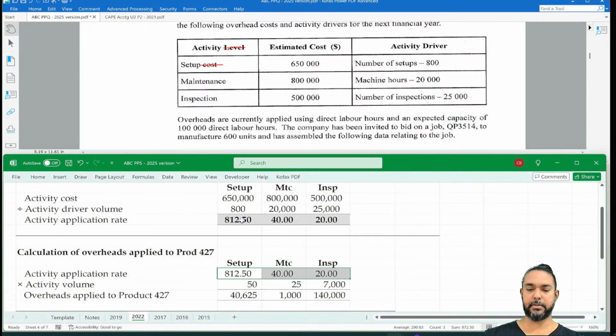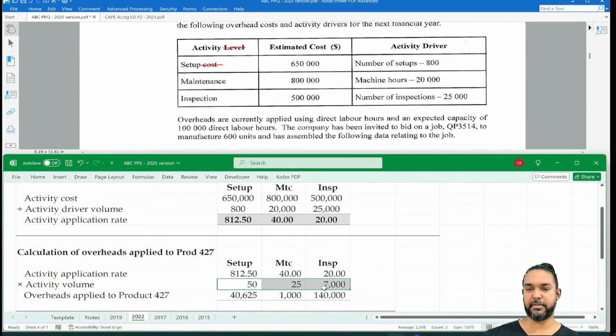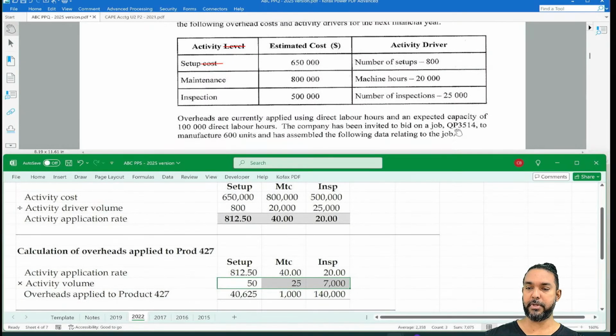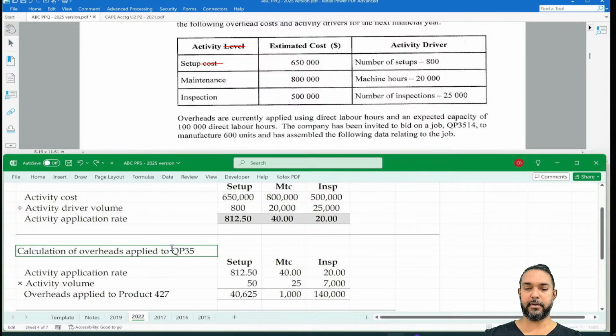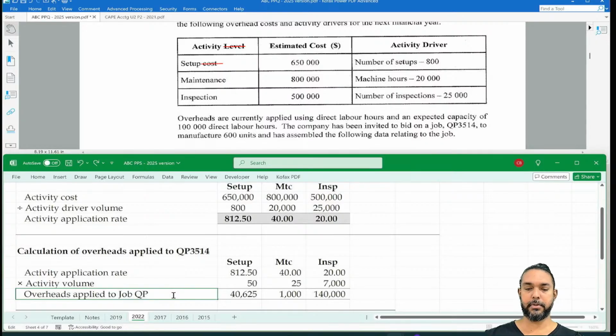Let's do that as well. Cool. And then the activity, of course, this will have to change for product 427, job QP 3514, right, lovely.